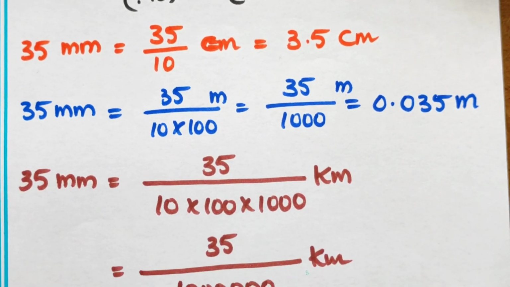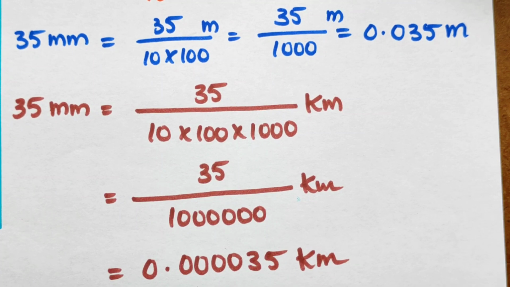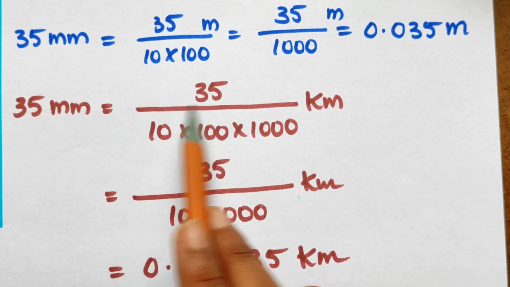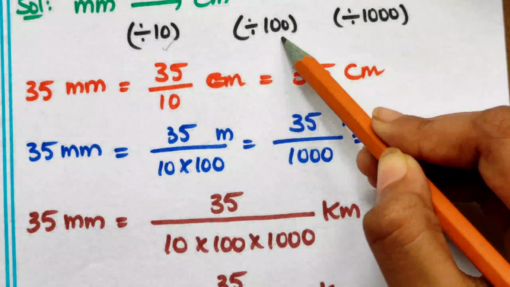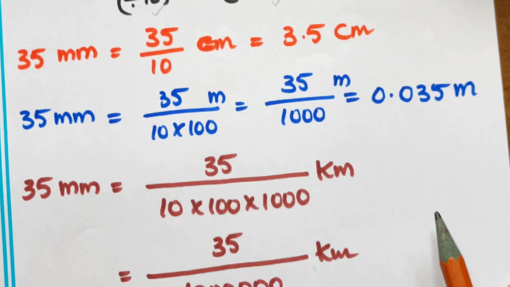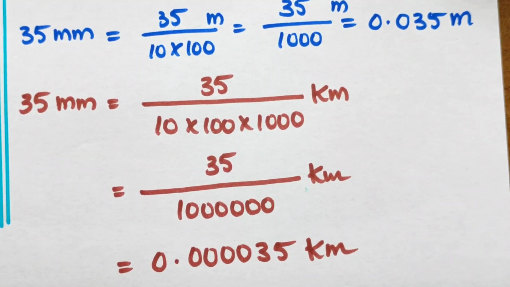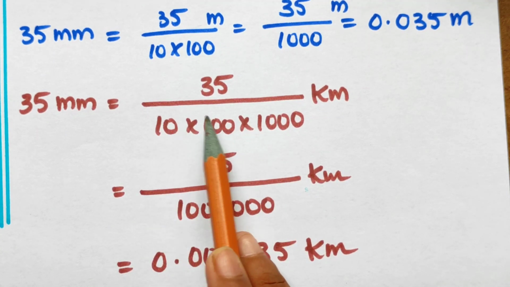Now let us convert this 35 millimeter also into kilometer. Now 35 millimeter is equal to 35 by 10 into 100 into 1000. 10 times 100 is 1000.